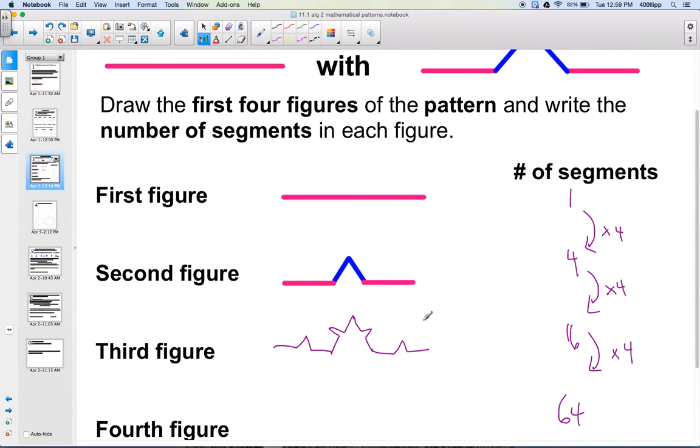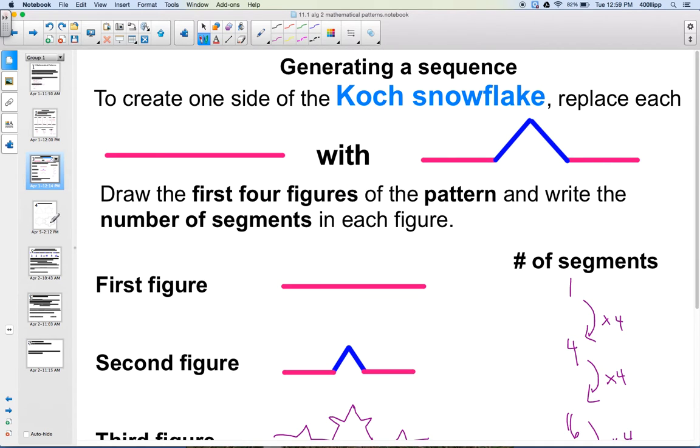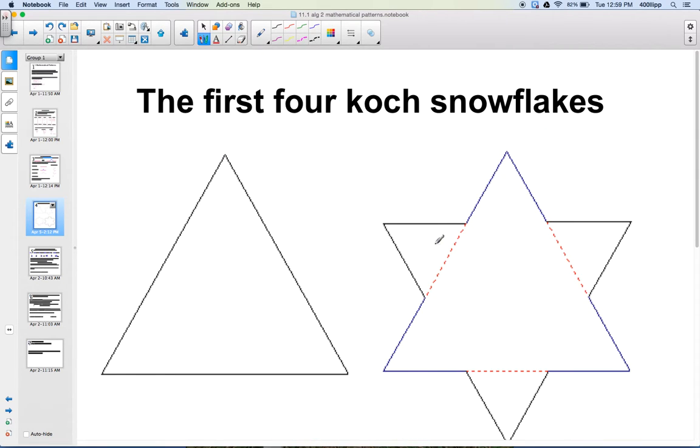As one of your assignments, what you have to do is take an equilateral triangle. Here's an equilateral triangle, and we should know from geometry how to make one using our compass.